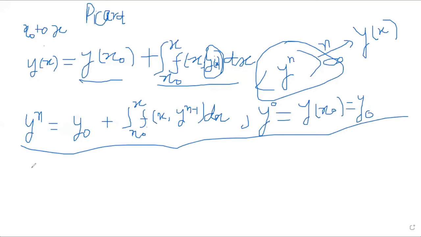So what was Taylor's method basically? In Taylor's method, y(x) is given by, or the error in Taylor's method, if I call it rather.